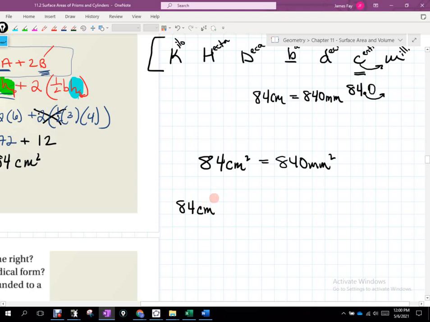If I have 84 centimeters squared, what that means is I have 84 centimeters times centimeters. Does that make sense?